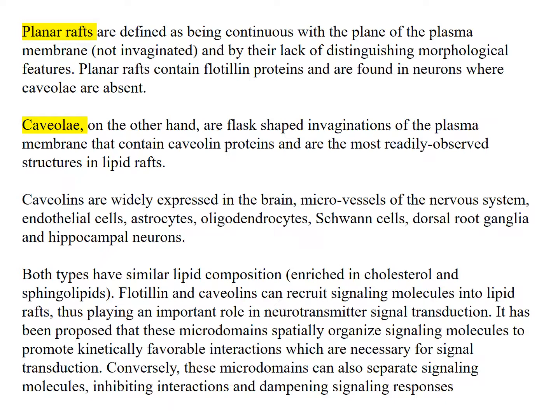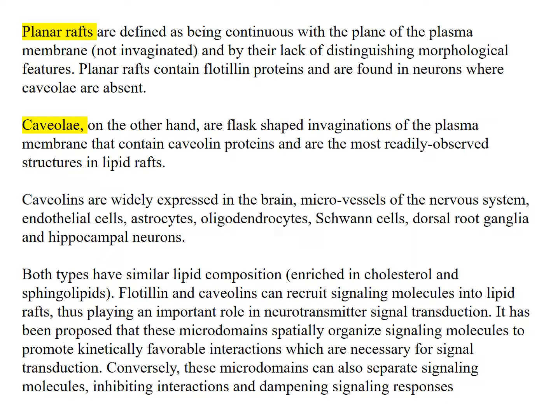And so caveoli are flask-shaped invaginations, and they contain the caveolin proteins, and they're easily seen and observed by their morphology. So planar rafts have flotillin, caveoli have caveolin protein, and they found these caveolins are in brain, in the nervous system, endothelial cells, a lot of nerve tissue.